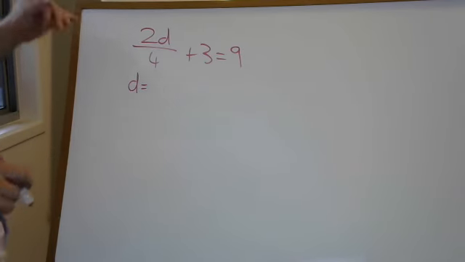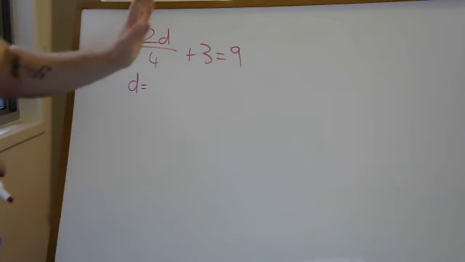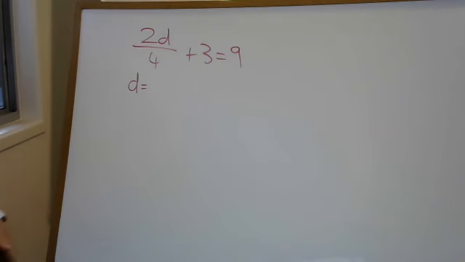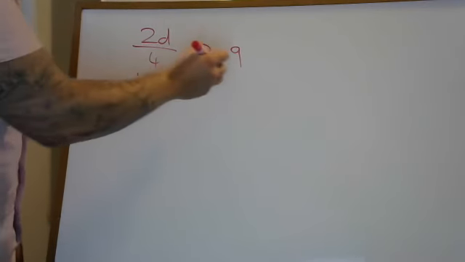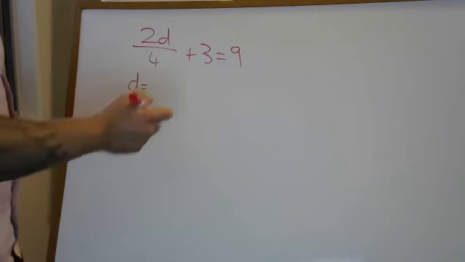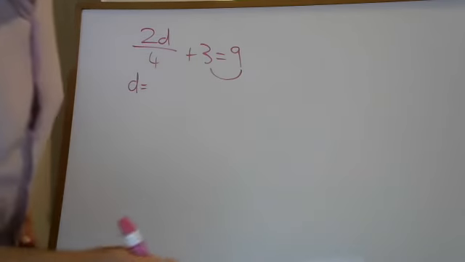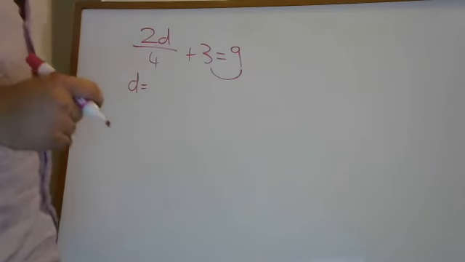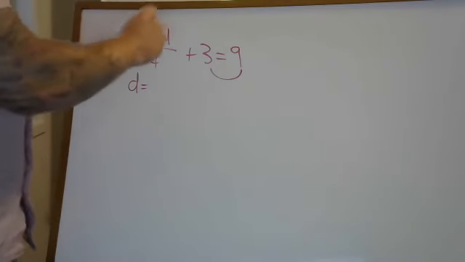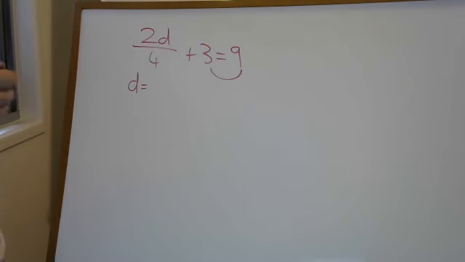So 2D divided by 4 plus 3 equals 9. So let's figure this one out. 9 minus 3 is 6. So this answer has to come to 6.